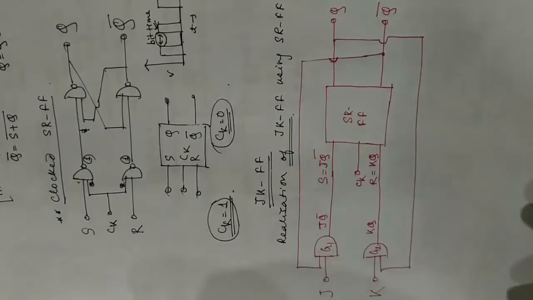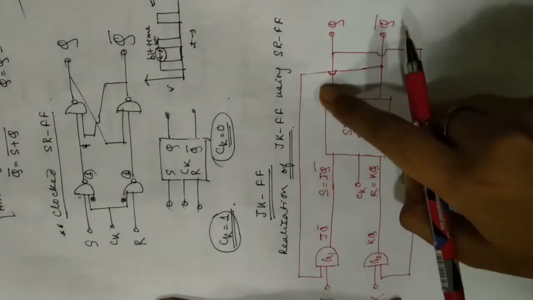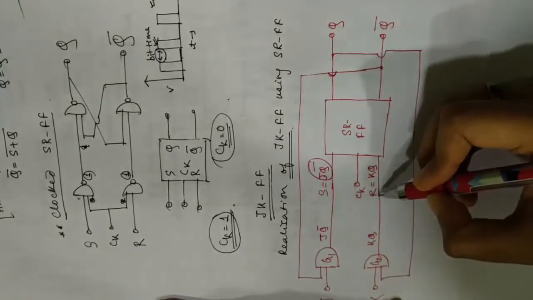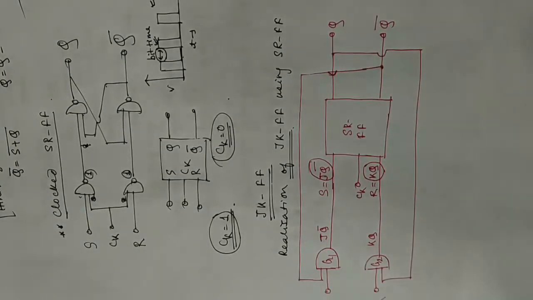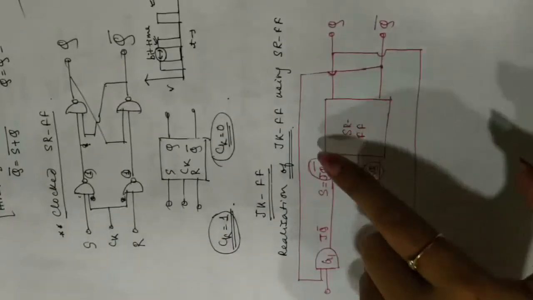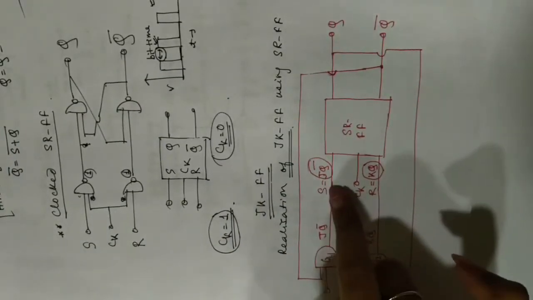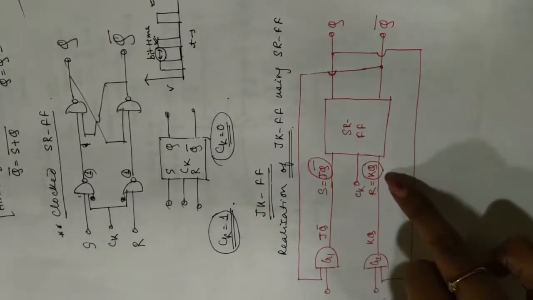This JK flip-flop is nothing but an SR flip-flop where the value of S is JQ bar and the value of R is KQ. I would like to repeat, this JK flip-flop is nothing but an SR flip-flop where the value of S is equal to JQ bar and the value of R is equal to KQ.